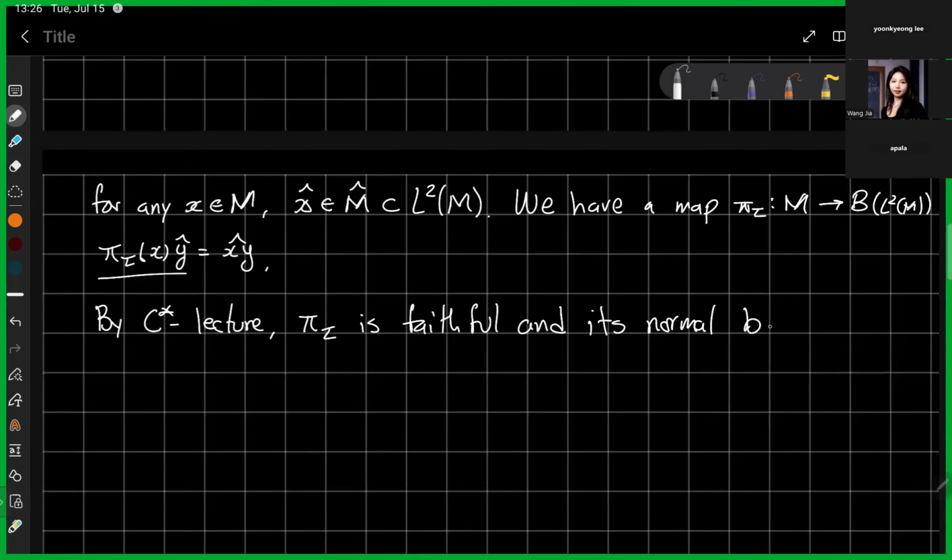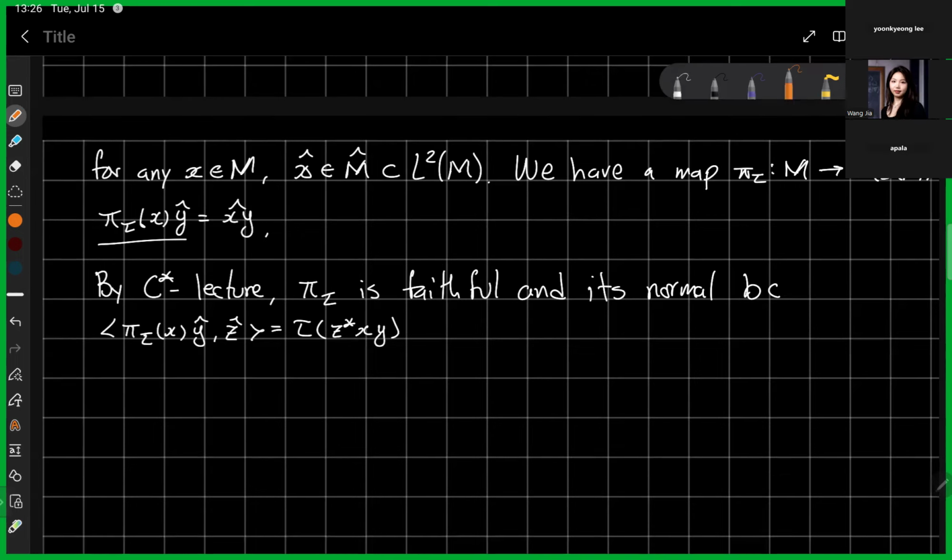Because when you look at pi tau of x times y hat, this is equal to the trace of C star X, Y. So the way that you should think about it is that if you have a net converging to X, multiplying it from the left by an adjoint and by Y doesn't change anything. And the fact that tau is normal gives you the normality of pi.